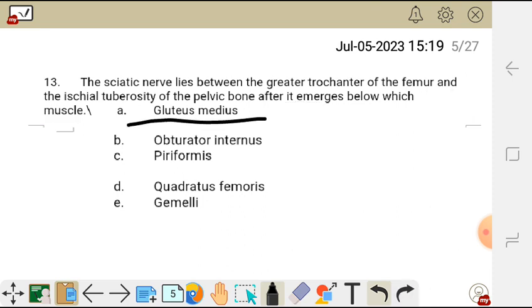A. Gluteus medius, B. Obturator internus, C. Piriformis, D. Quadratus femoris, and E. Gemelli. So among these choices, after which muscle does the sciatic nerve emerge? Okay, it emerges below which muscle?